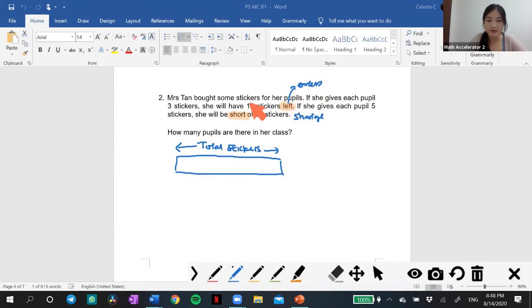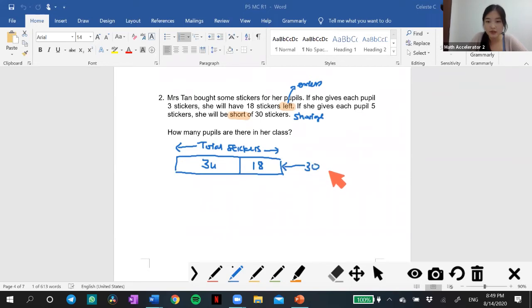And deal with the excess. So if she gives pupils 3 stickers each, so 3 units, she will have 18 left. So the 18 left here. But if she gives each of them 5 instead, not enough.